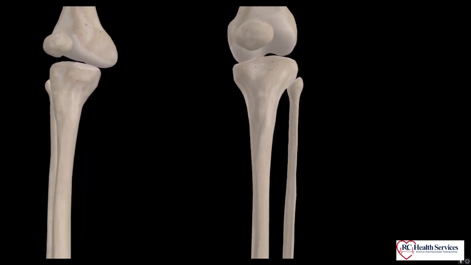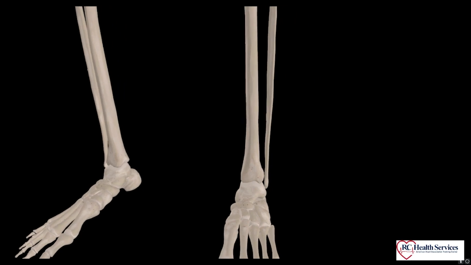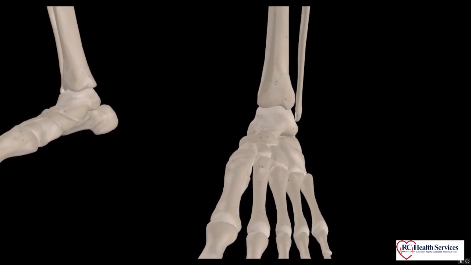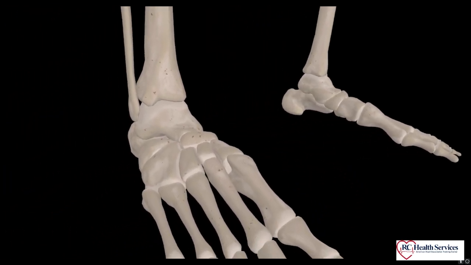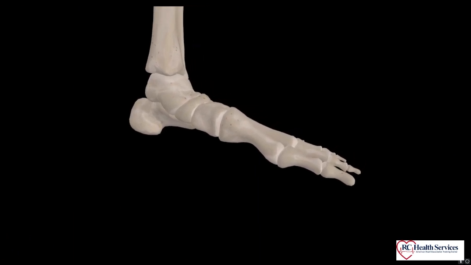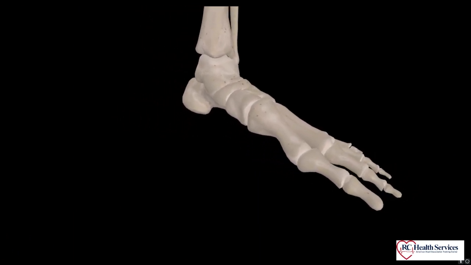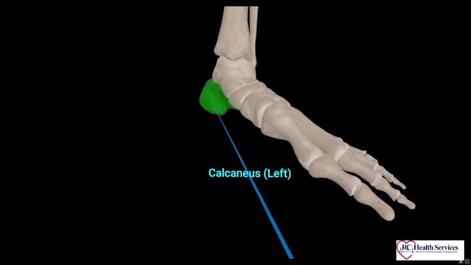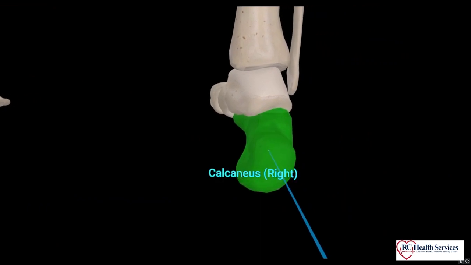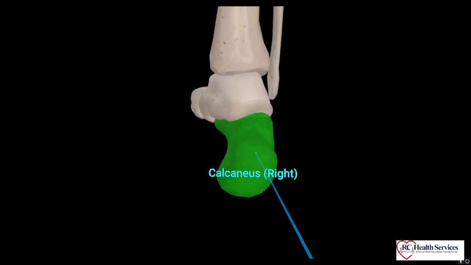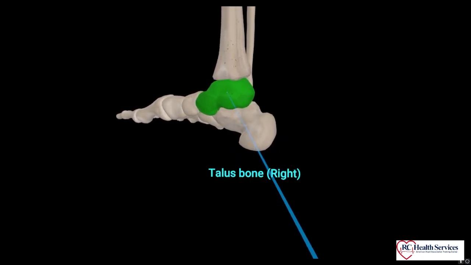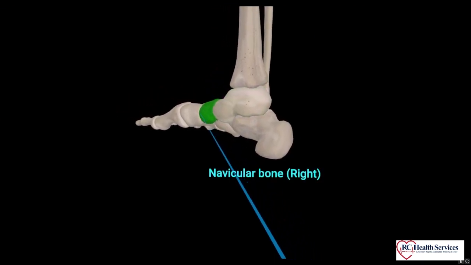Again, moving downward, we'll move down to the feet and the ankles. The feet and the ankles are made up of quite a few different bones. We have the calcaneus, which is going to be the heel bone right there. That's going to make up the heel as well as part of the ankle. We will have the talus bone, right up on top of it.